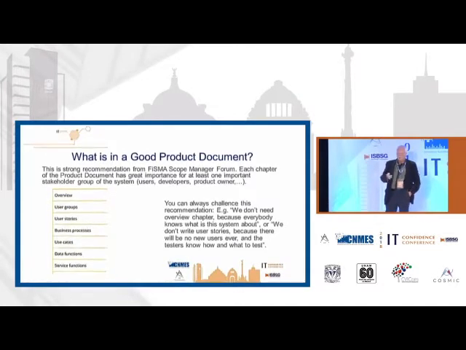And if you want to challenge this structure, it's okay. You can always say that we don't need an overview chapter because everybody knows what this system is about, and forever everyone will know, so we don't specify any overview here. Or you can say that we don't need user stories in this case because use is so simple, or whatever.